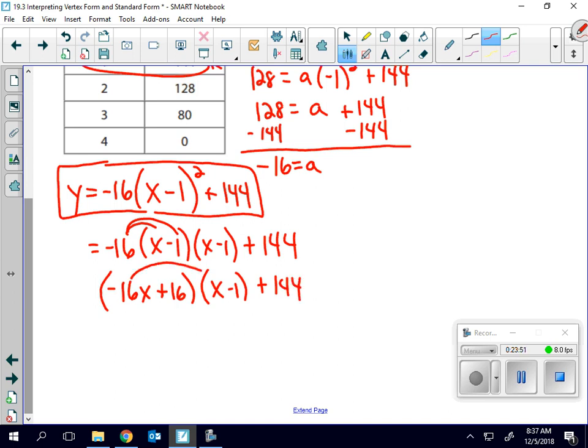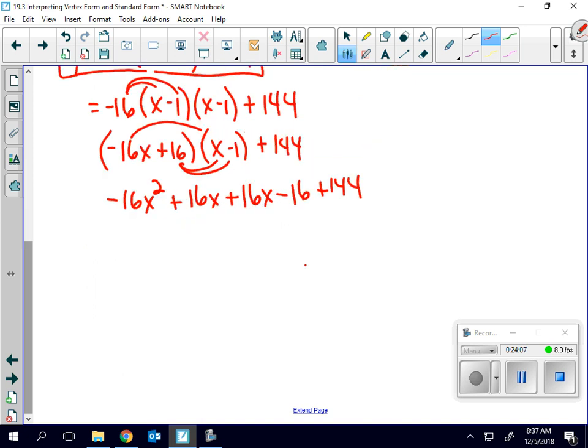Okay, that's a negative 16x squared plus 16x plus another 16x minus 16 plus 144. Combining like terms, we have 144 minus 16 is 128. Okay, so that is our standard form.